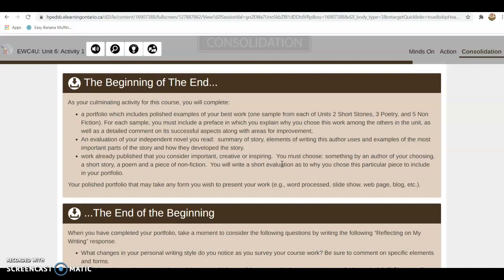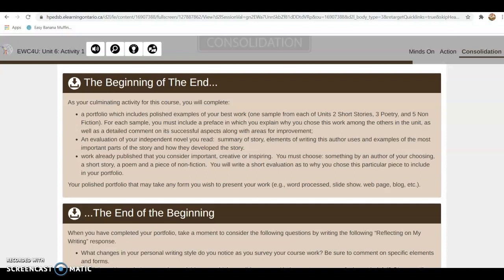So those are the things that you're going to include that are writing samples and are either introducing or summarizing the importance of those when you're looking at yourself as a writer.